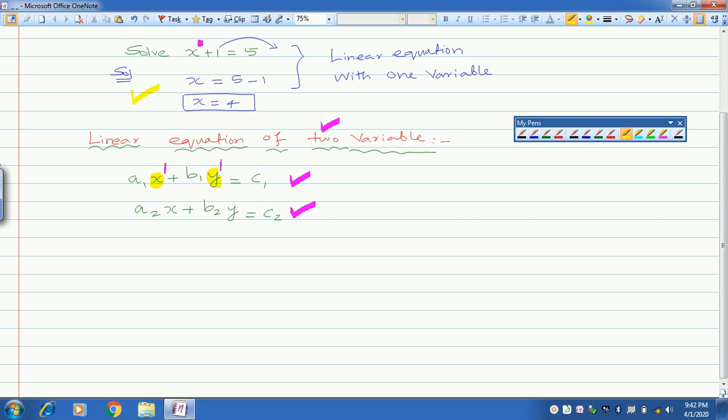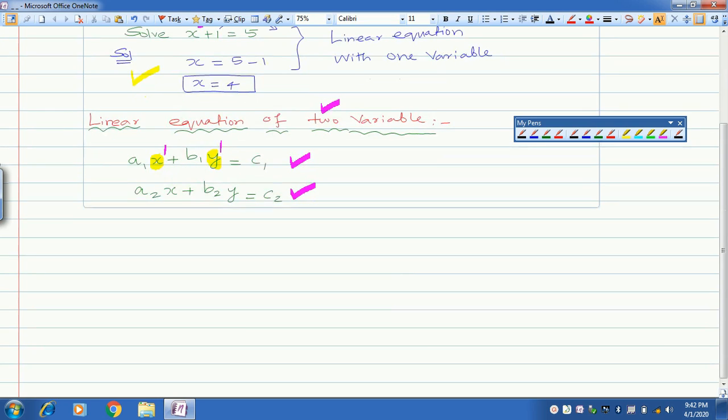Okay, so we will start with the problem. What is the problem it is given? Let us take a simple example. Here it is solve.